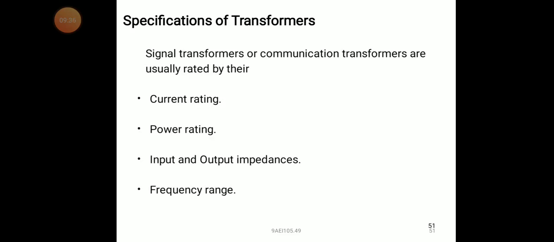Input and output impedances are the impedance offered by the transformer's primary winding and secondary winding. And the frequency range is the range in which this type of transformer is used.